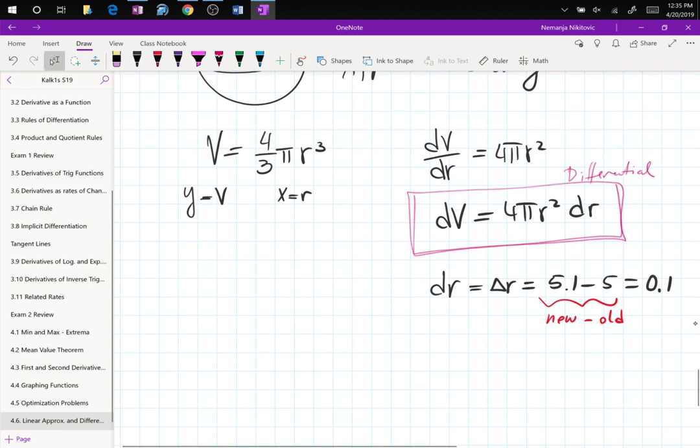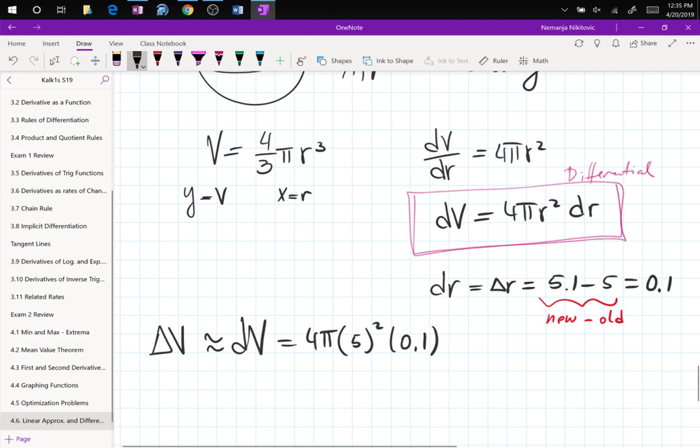And all I need to do now is to plug this in. So the change in volume, the exact one, is going to be approximated by dV, which is 4 pi, instead of r, I have 5 squared, and then this is 0.1. So how much is this? This is 31.4. Because 5 squared is 25 times 4 is 100 times pi is 314, and then move 1 decimal point, so 31.4.